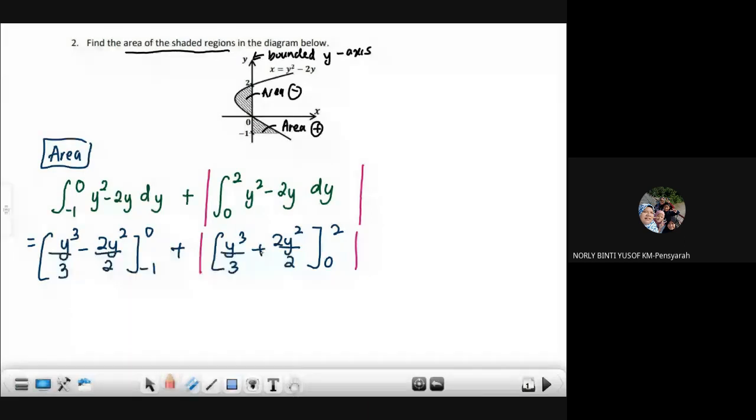Okay, that is the step working that you need to take. This one you simplify. Okay, and then you masukkan, because of the upper limit is 0, so dua-dua variable you 0. But you have to write 0. Minus in the bracket of -1, the lower limit. So you put inside -1 cubed over 3 minus -1 squared.